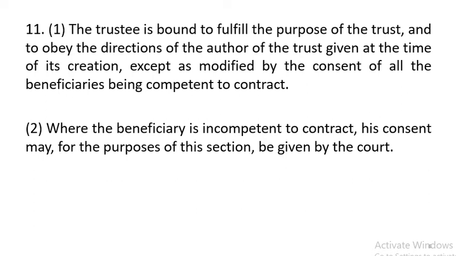Say, suppose within 6 months you must sell the property and distribute the proceeds to the beneficiary. Then you have to do it within 6 months. Otherwise you are liable for the loss of property or whatever afterwards. If anything happened to the property, then the trustee is liable.